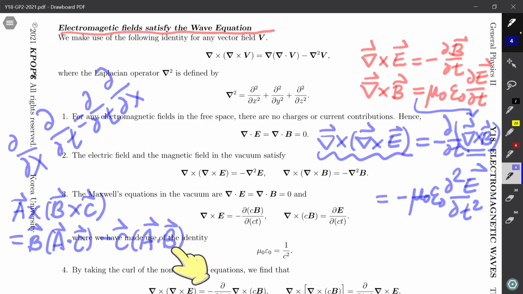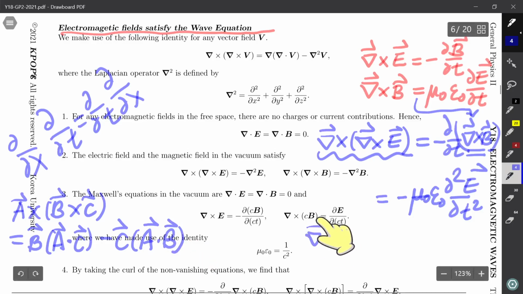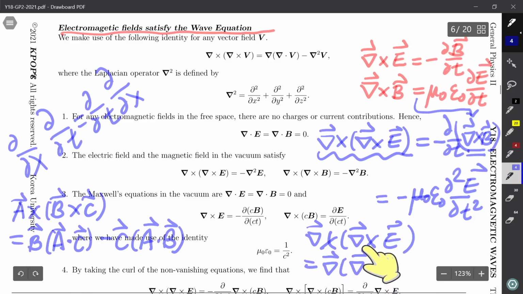Just like the BAC-CAB rule, curl curl electric field, but the derivative operator must appear on the left side only.